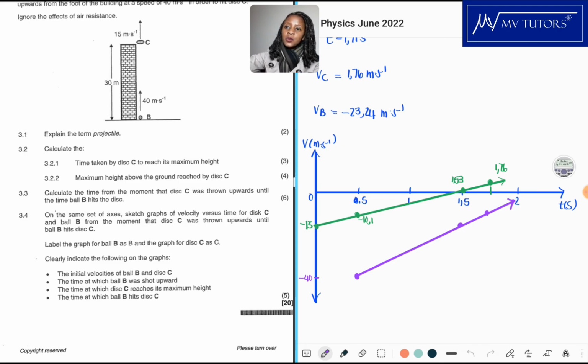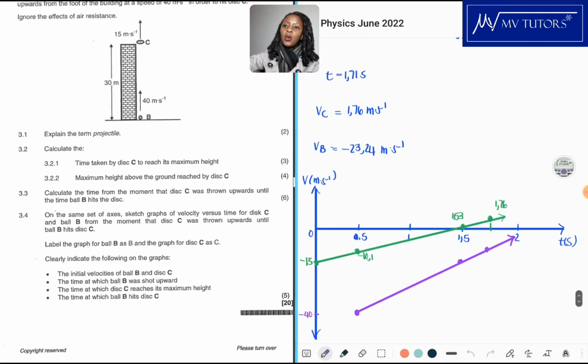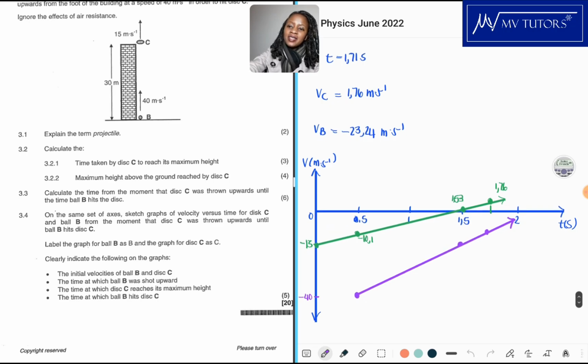With ball B, if you look at the scales, it doesn't make sense how this would be 15 and then I have here 25 and I have here 23. So it's an error that I would like to rectify before we call it a day.